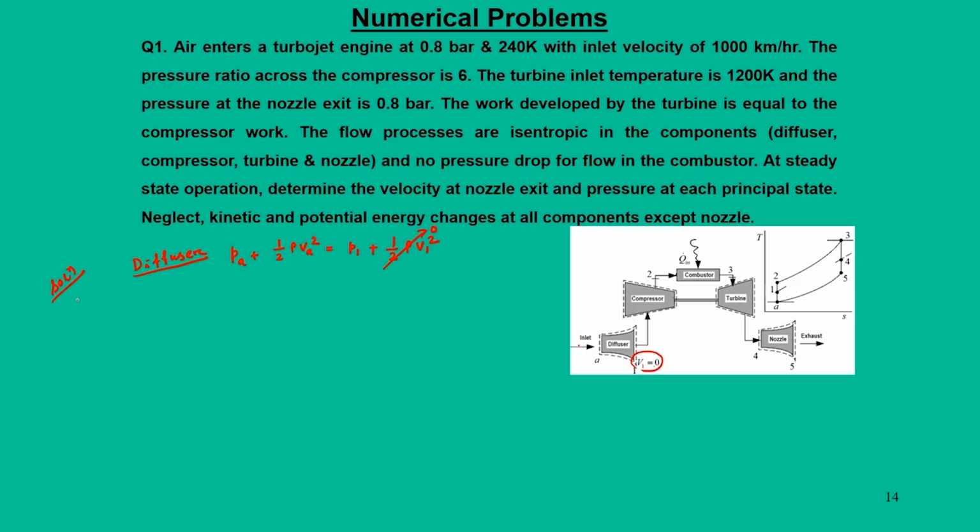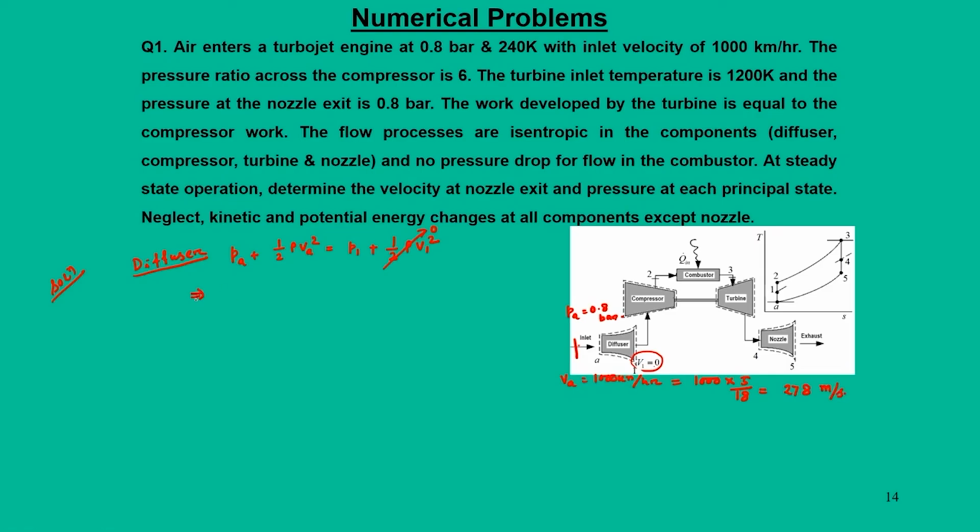We know PA, that is 0.8 bar, and VA is 1000 kilometer per hour, that is 1000 into 5 by 18, which becomes 278 meter per second.